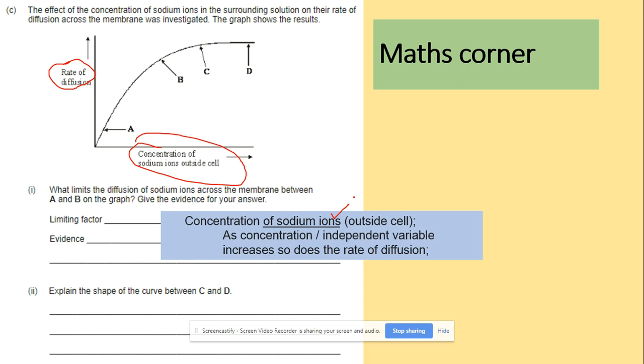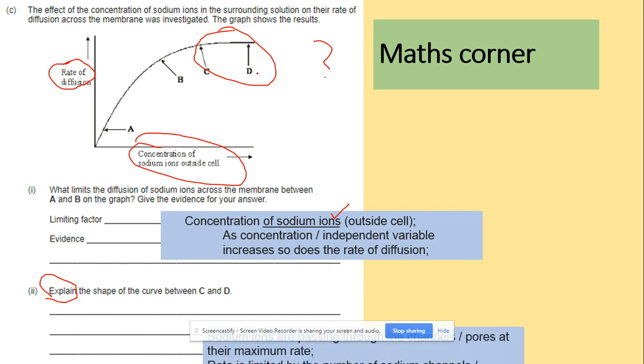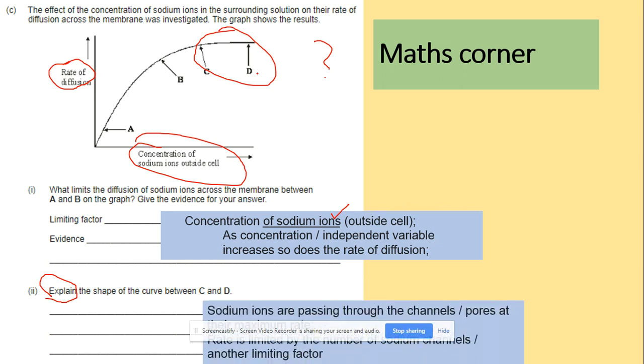And explain the shape of the curve between C and D. Right, what's going on here? Firstly, before you explain, you need to describe in your head. So what can you see? Levels of Y. So referring to what we've just said here, you need to look at the concentration.